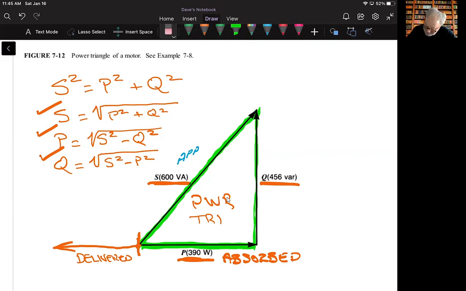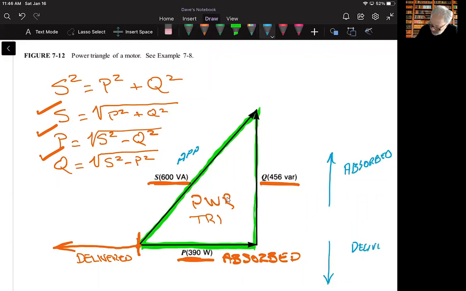Then reactive power that is absorbed by a circuit or device is considered positive. This is reactive power absorbed, and we think of an inductor absorbing a reactive load. It can also be drawn down, and in that situation, reactive power is delivered.